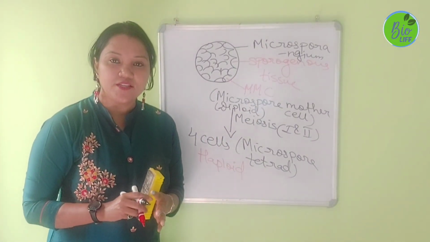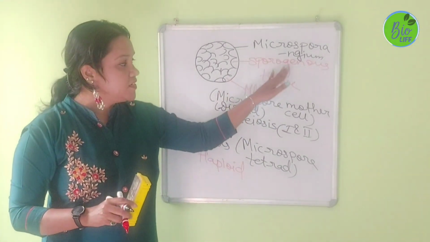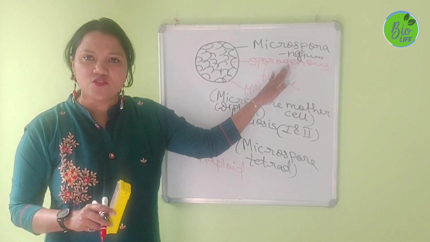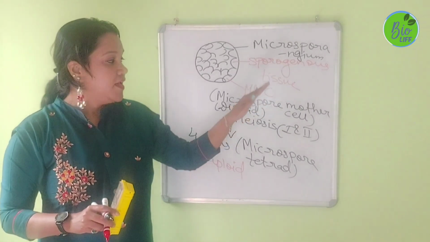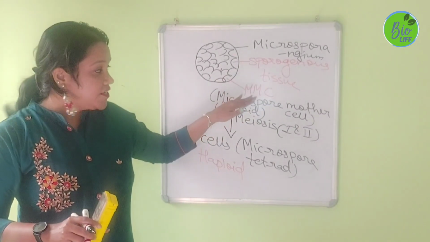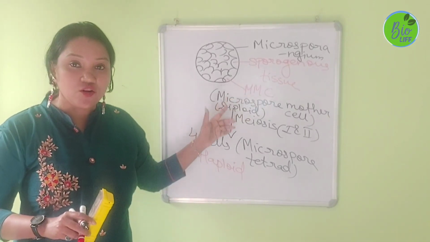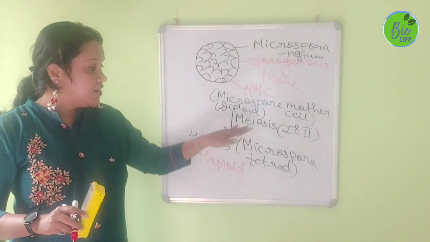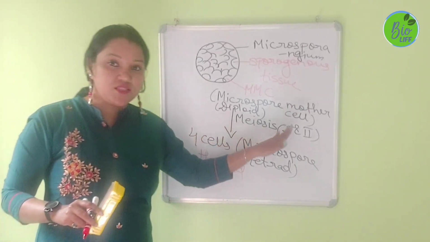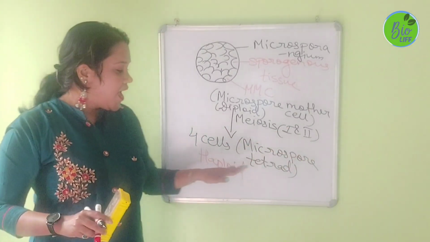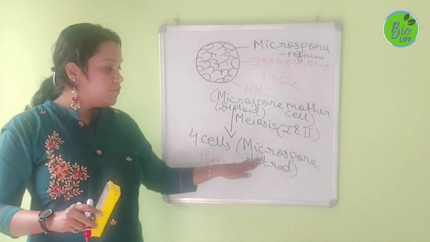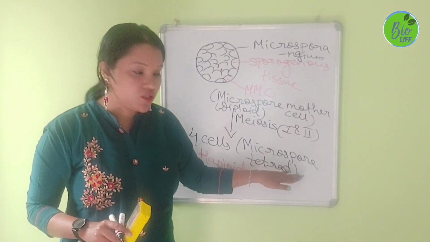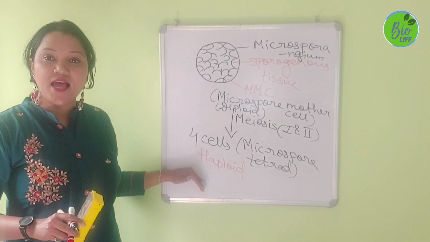Inside the microsporangium, sporogenous tissue is present. Sporogenous tissue consists of a group of cells, and each cell is a potential MMC, microspore mother cell. It undergoes meiosis 1 as well as 2, and forms 4 cells, called the microspore tetrad, which are haploid.